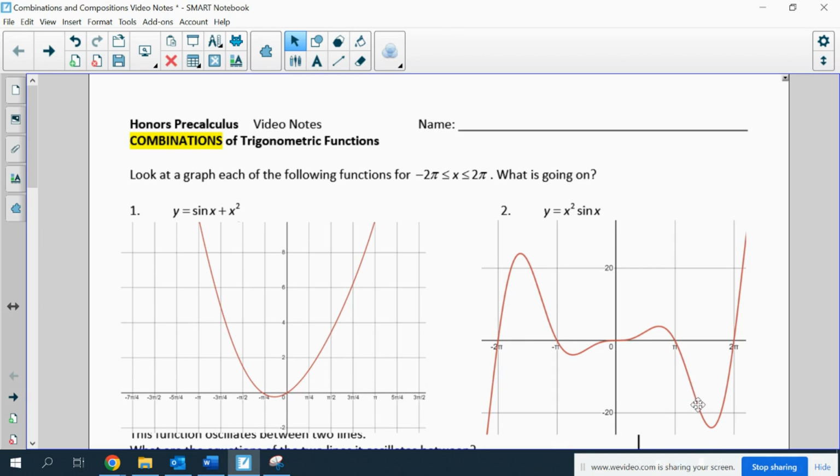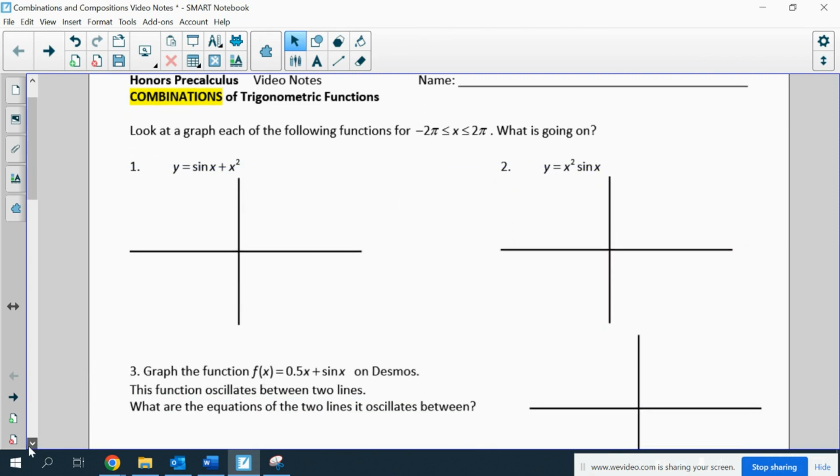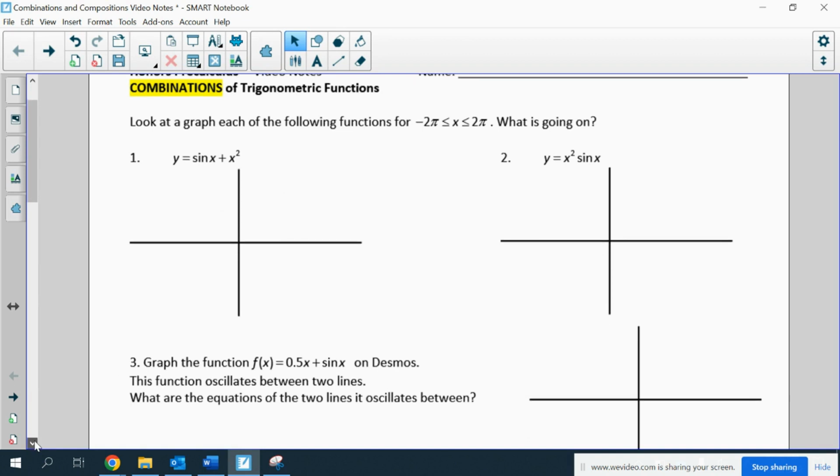You end up with 27 divided by 4, and then that's negative. So it's going to be kind of a wild ride here. So what's going on is that the sine impacts the function differently based on whether it's multiplied or added or anything else.